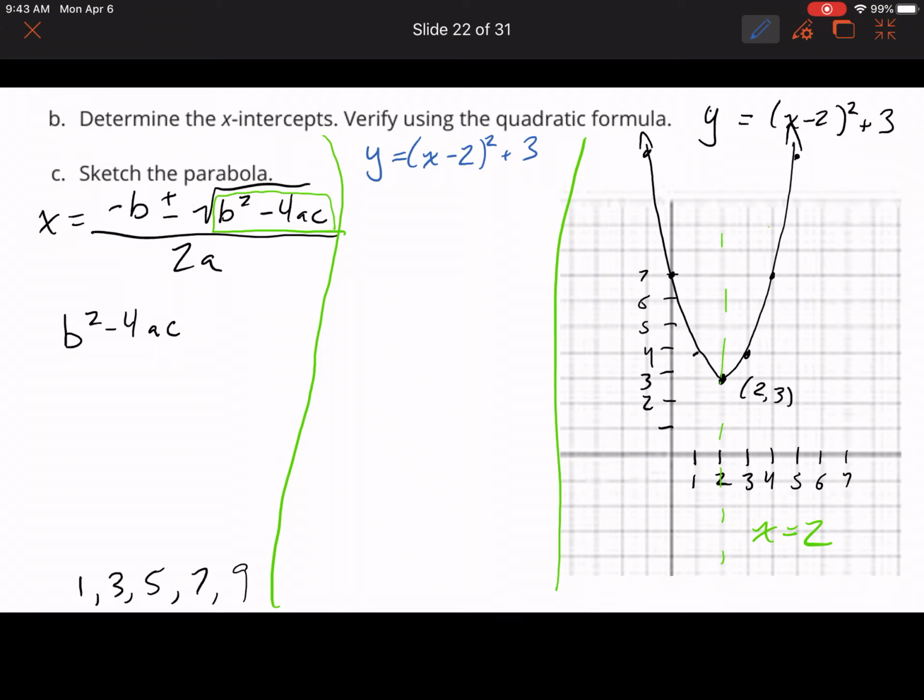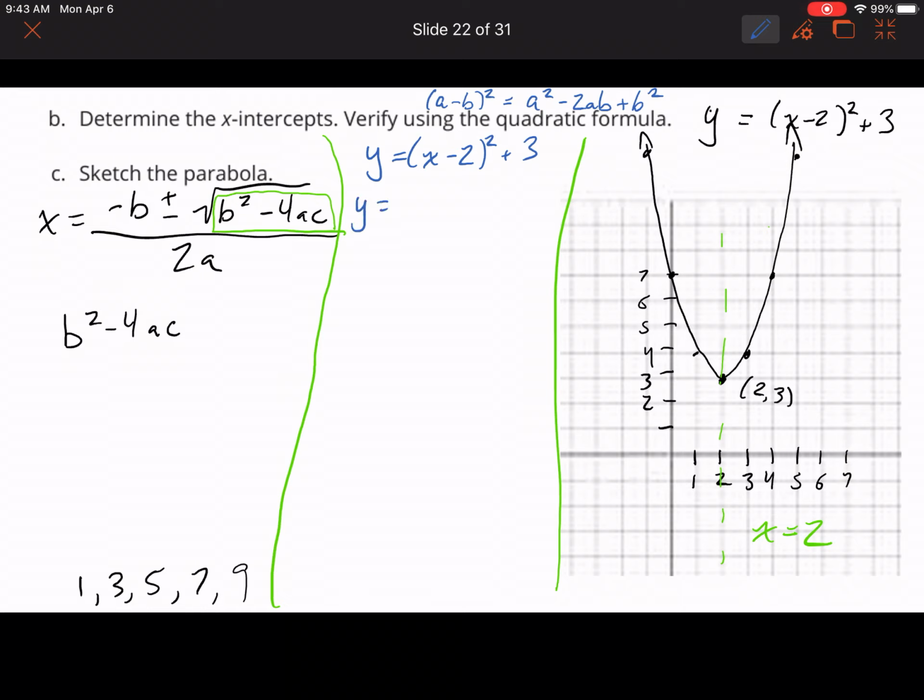So I can use our (a minus b) squared equals a squared minus 2ab plus b squared, or I can just FOIL that to figure out what my next line is.